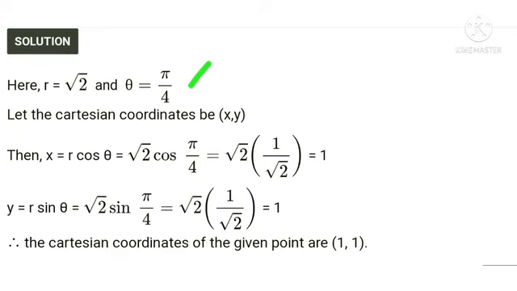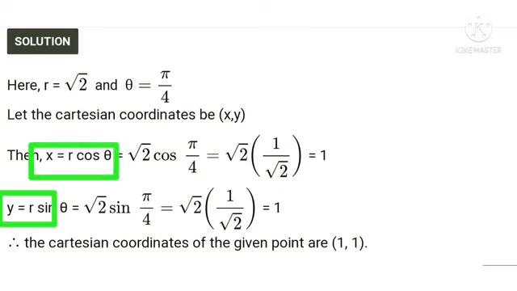We know the relation between Cartesian and polar coordinate, that is x is equal to r cos theta and y is equal to r sin theta. So we write x is equal to r cos theta, put the value of r, root 2 cos pi by 4, root 2 into 1 upon root 2, that is root 2 gets cancelled, so we get 1.